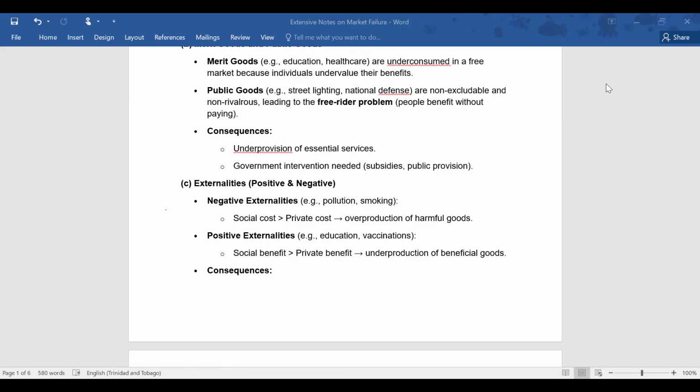Can you see how positive and negative externalities can lead to market failure? If you have too much negative externalities or too little positive externalities, right? Yes, sir.